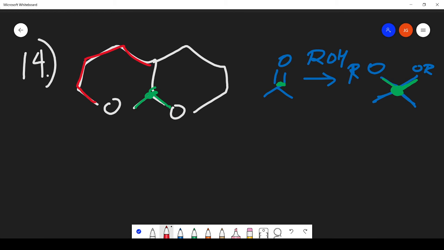Now that's very interesting, because it means that since we're forming a cyclic structure, there is no distinction between this single reagent that's the ketone and this single reagent that's the alcohol.